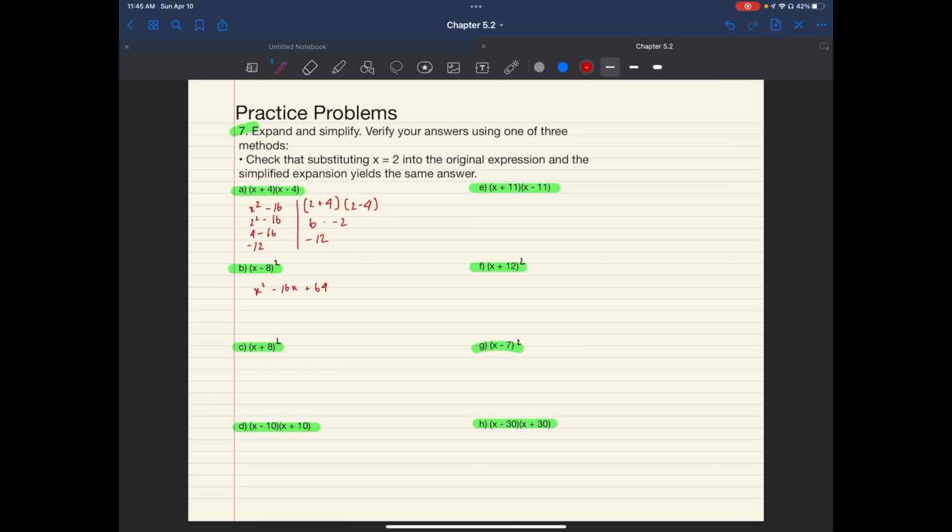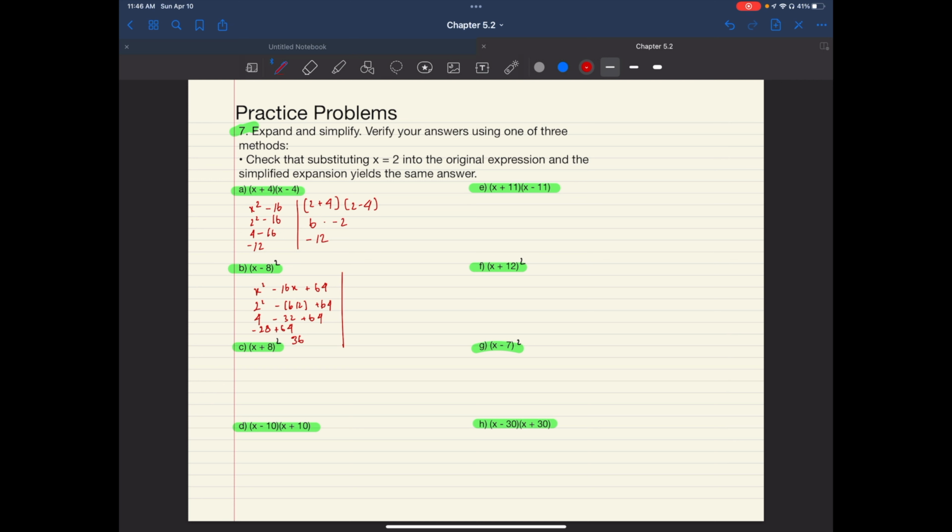If we plug 2 into here, this is going to be 2 squared minus 16 times 2 plus 64. 4 minus 32 plus 64. 4 minus 32 is negative 28 plus 64, and 64 minus 28 equals, that's going to be 36.